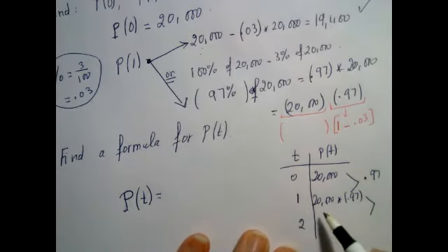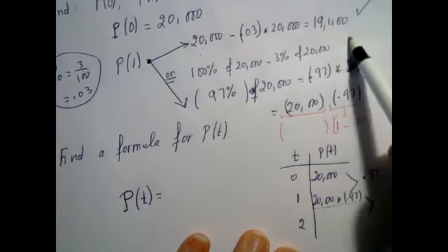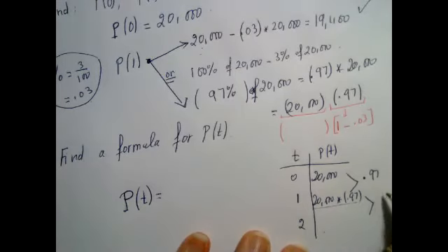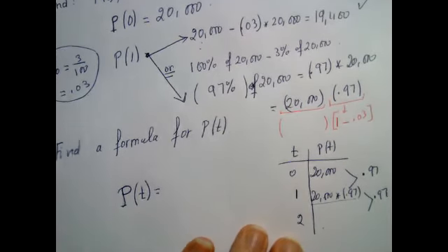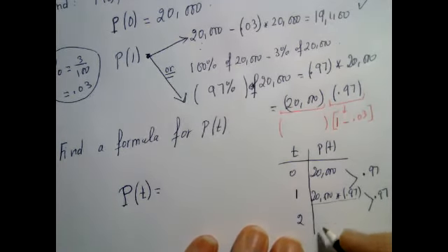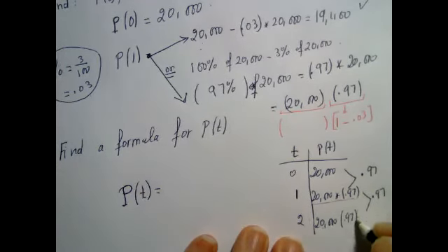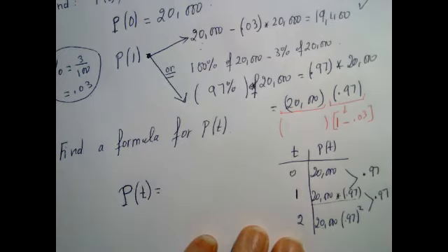After 2 years, what's going to happen? My population decreased right now. After 2 years, if the same percent keeps going, I need to multiply again by 0.97. Because every year it's 97% of the year before. So it's going to be 20,000 times 0.97 to the power 2. Because every year we multiply what we had the year before by 0.97, because every year it's 97% of what it was.